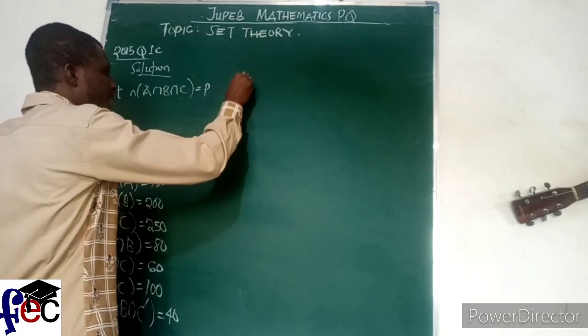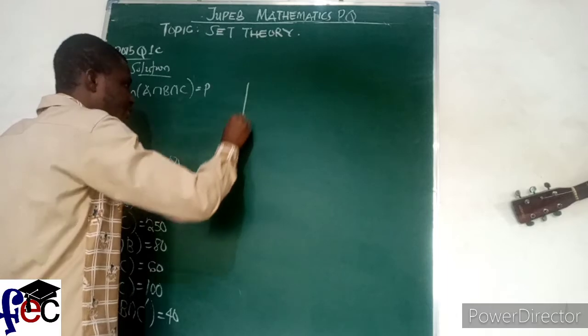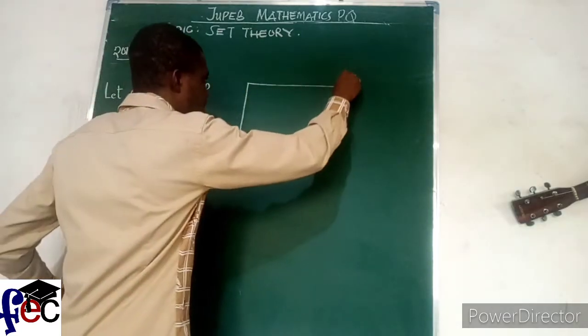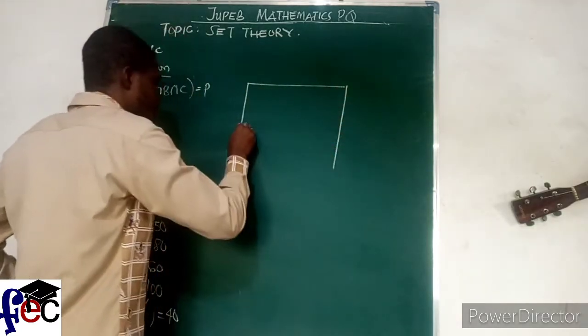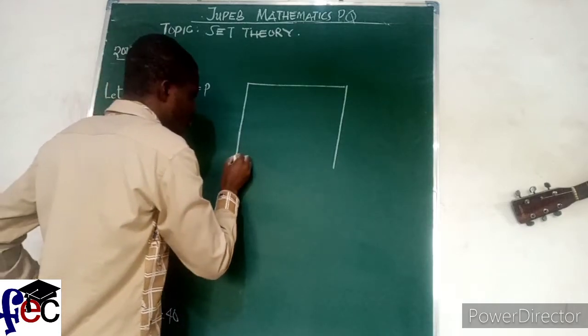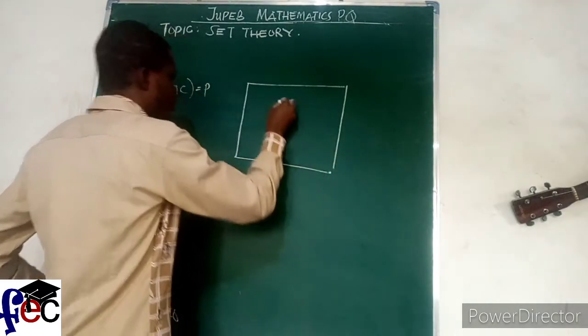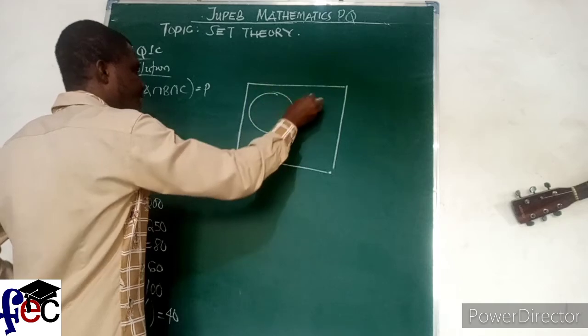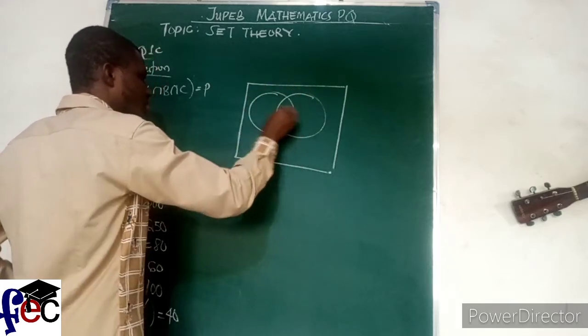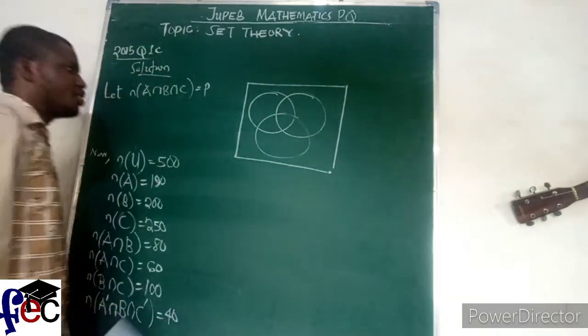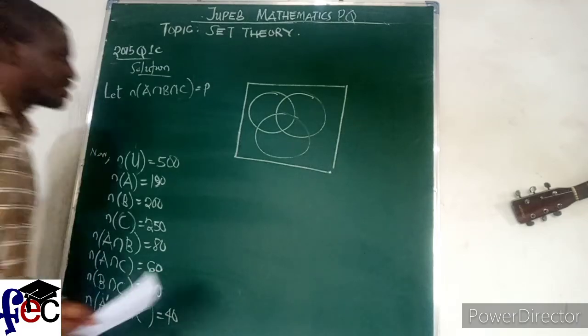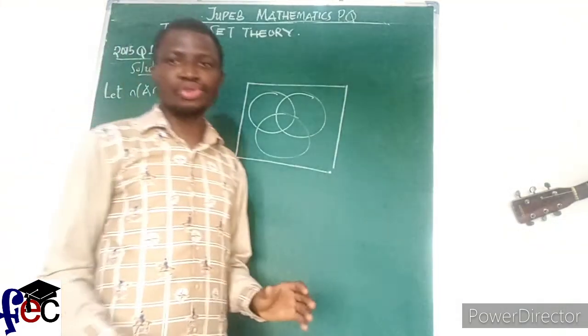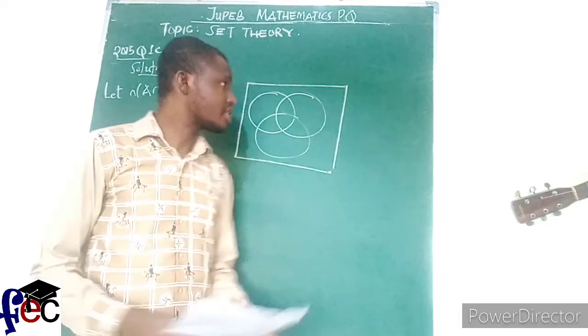Okay, so now we have the Venn diagram for this. It is a pictorial representation where a rectangle is used to represent the universal set, and circles are employed to represent the subsets.